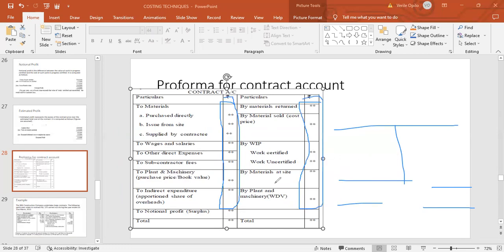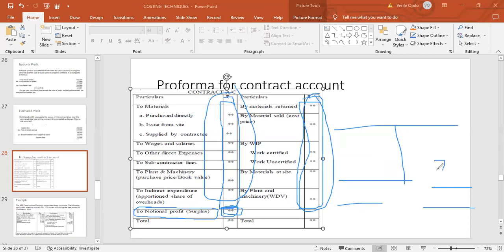So you'll find that in most cases, the total value on the credit side is going to be greater than the total value on the debit side. So if you find that the credit side is greater than the debit side, it means that we have a notional profit or a surplus. So therefore, to balance them off, we're going to show on the debit side here that there is a surplus amount, and that surplus is our notional profit.